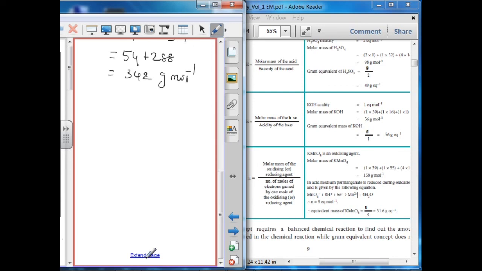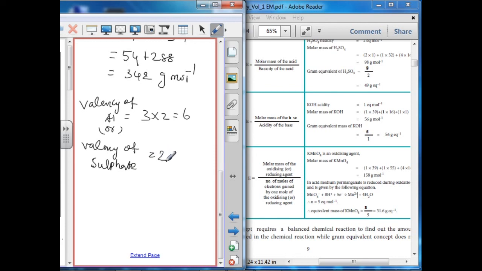Next is the valency of aluminium, which is 3. There are 2 aluminium atoms present in the salt, so 3 multiplied by 2 equals 6. Or the valency of sulfate is 2.